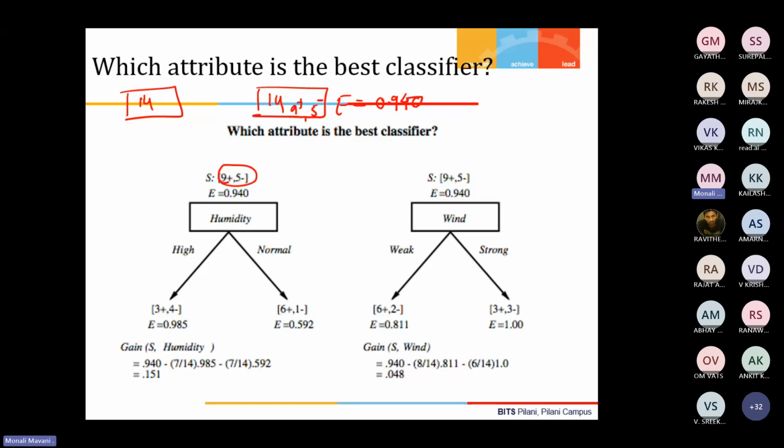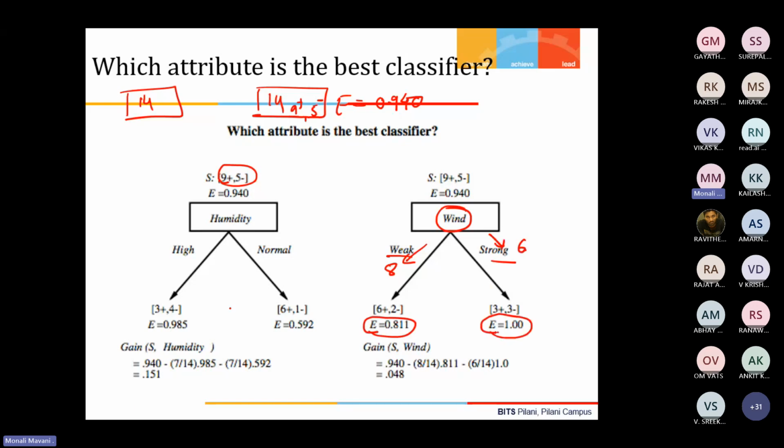I want to decide how to split it. That was a decision you all had in mind. Why should I choose this feature as a split? I showed the calculation of wind. Wind has 2 branches, weak and strong. It's a binary value. And when we split with the wind, 8 examples go on the weak branch, 6 examples go on the strong branch. So after we split, what is the reduction in entropy that we observe on both the branches?